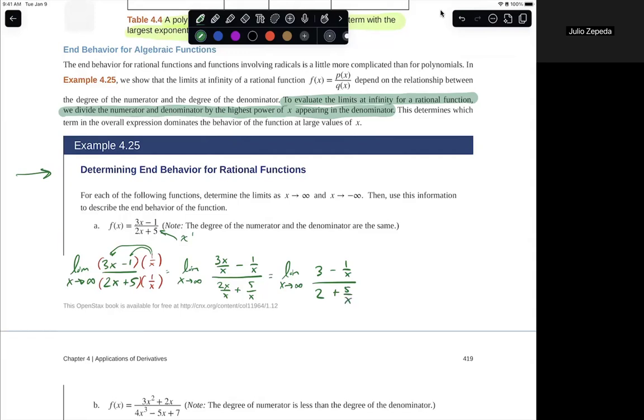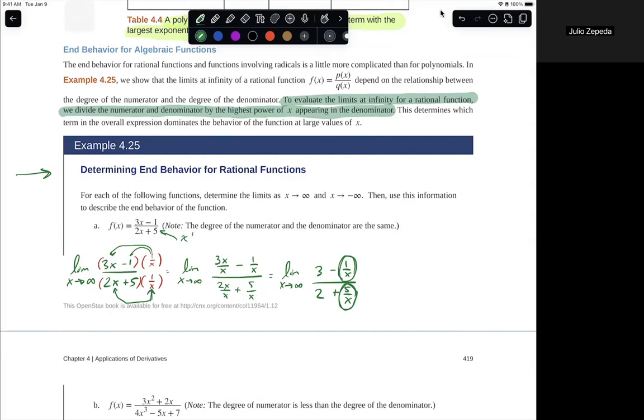The reason this is so useful, using the degree of the denominator, is that we can see that this 5 over x term is going to go to 0 as x goes to infinity. The 1 over x term is also going to go to 0. And using the degree in the denominator essentially guarantees that one of these terms is just a constant.